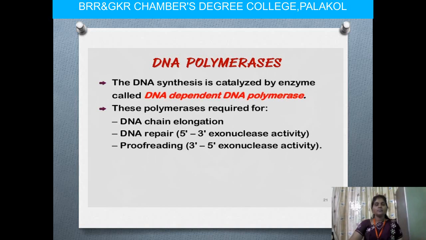Proofreading means that during replication we get different types of problems. To overcome these problems, the 3' to 5' exonuclease activity is useful for us.